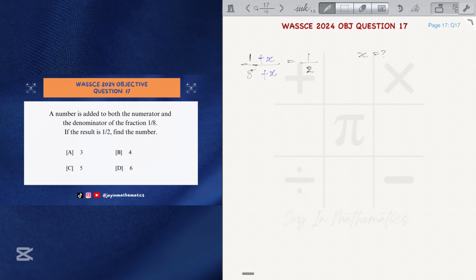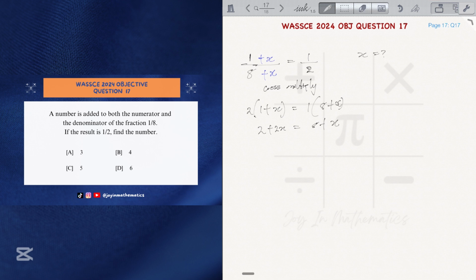So to do this, we just have to cross multiply. So when we cross multiply, we have 2 into 1 plus x is equal to 1 into 8 plus x. So opening the bracket now, we have 2 plus 2x is equal to 8 plus x.